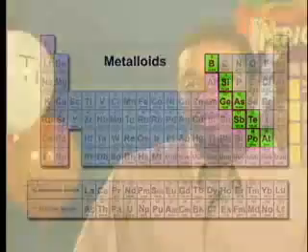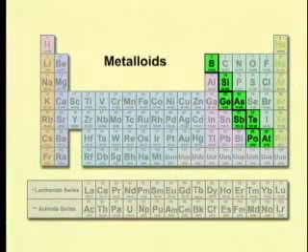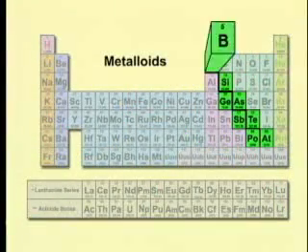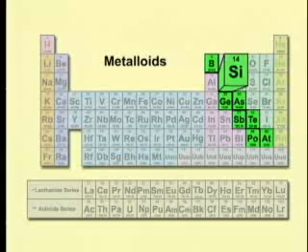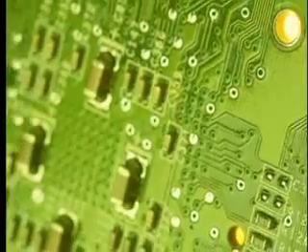One unique property of metalloids is that they conduct electricity better than nonmetals, but not nearly as well as metals. For this reason, metalloids such as boron, arsenic, germanium, and silicon in particular are valuable as semiconductors. They are at the heart of today's electronic devices and computers.